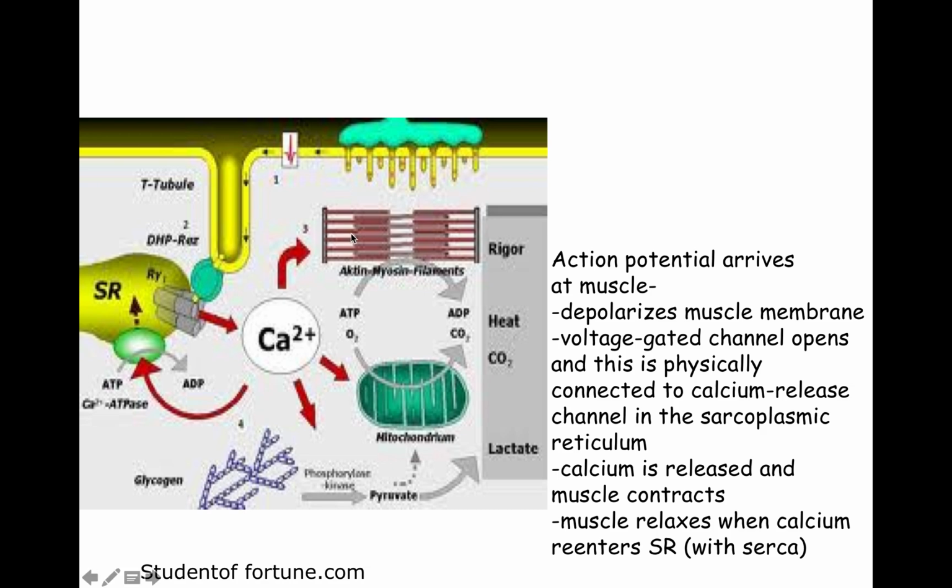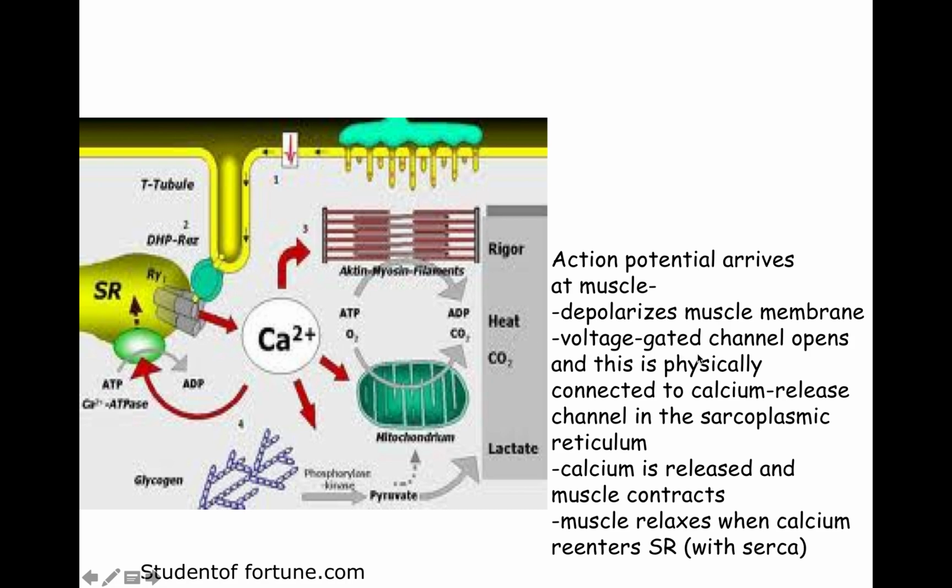So, action potential arrives at the muscle cell. You decide you're going to contract that muscle. It depolarizes the muscle cell membrane, the sarcolemma. There's a membrane protein bound into that membrane in the T tubules, and because the whole membrane is depolarized, it senses that change.